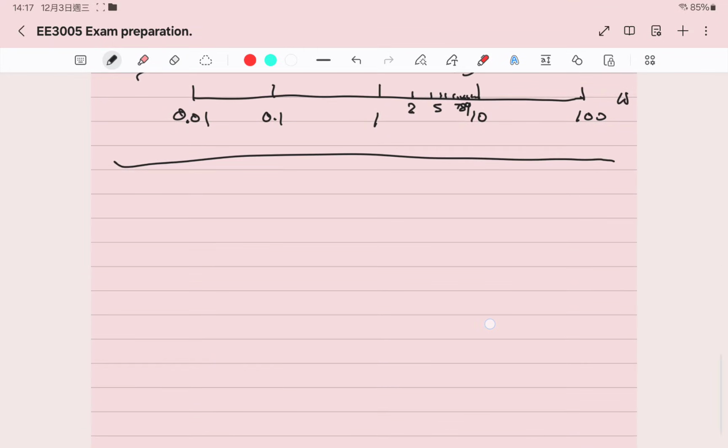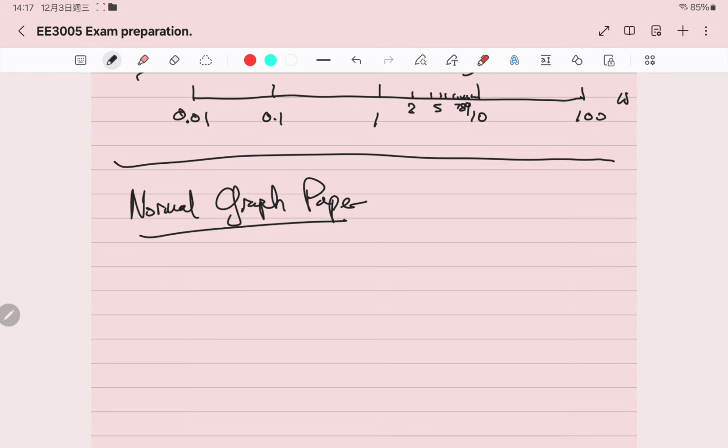And then there's another thing. How come I do not give you normal graph paper? For normal graph paper, what do you think I expect you to draw?